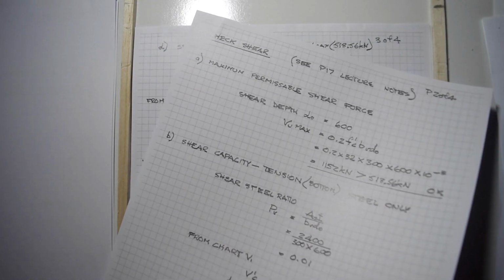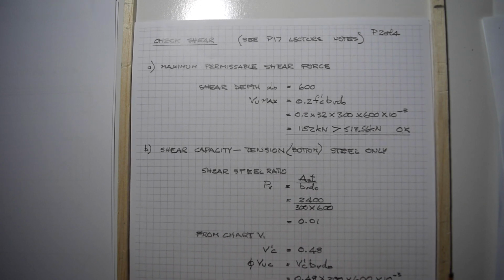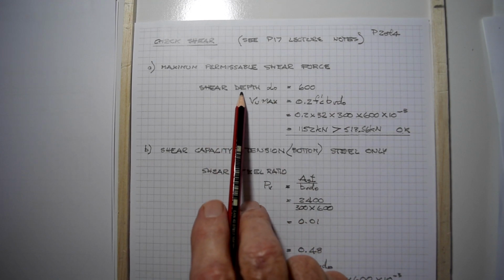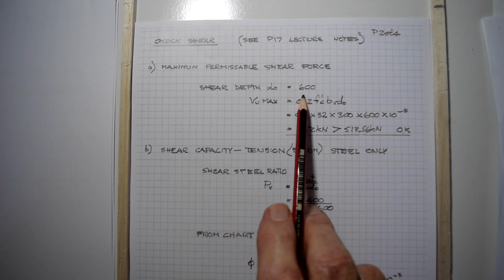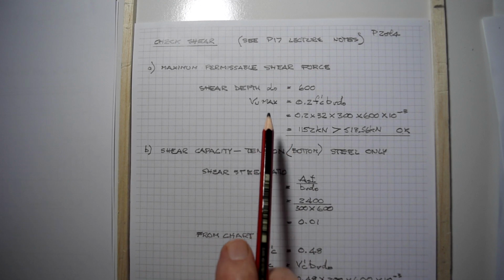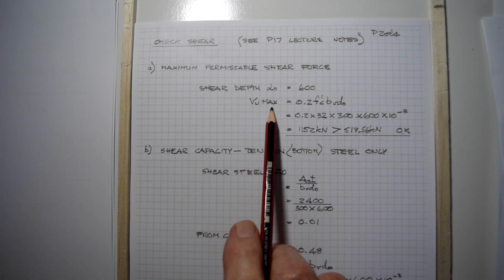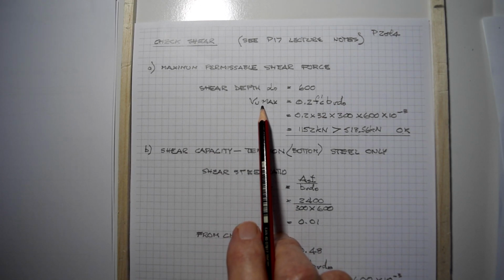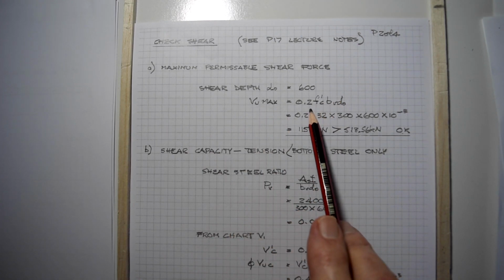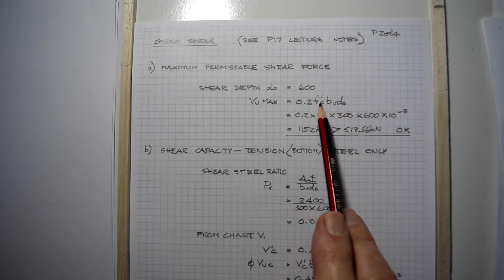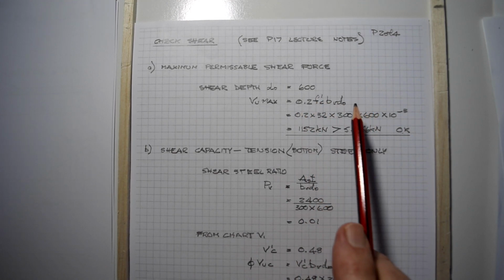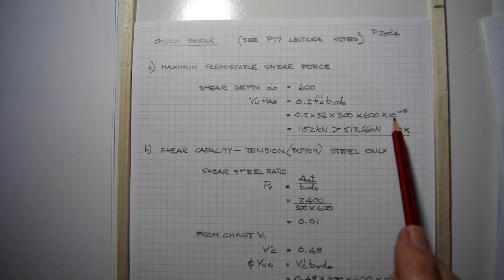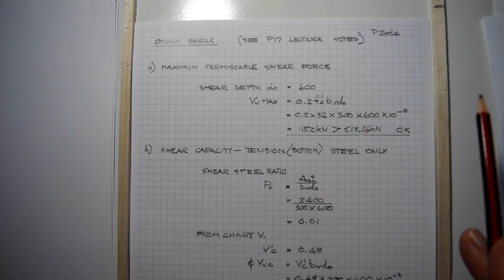kilonewtons. So going back here, we work out the maximum permissible shear force. The shear depth, or effective depth as we've been calling it, is 600 millimeters, and that's been given to us. The maximum, the VU max, that concrete section can take with no steel is a standard factor of 0.2 times the cylinder strength of the concrete times the breadth of the beam times the effective depth in newtons, and if we multiply it by 10 to the minus 3 we get into kilonewtons.